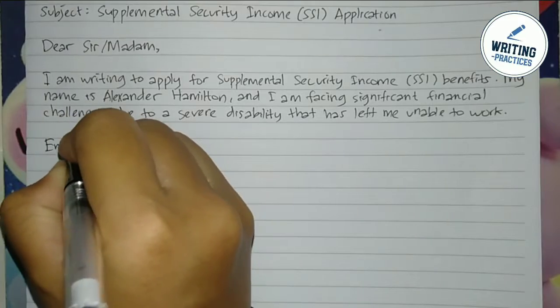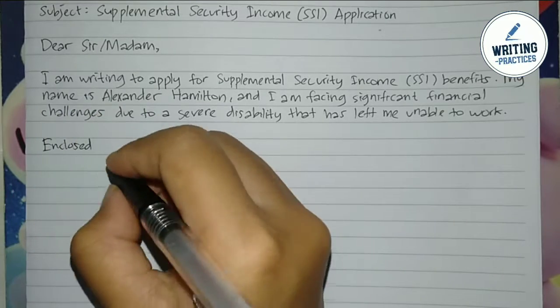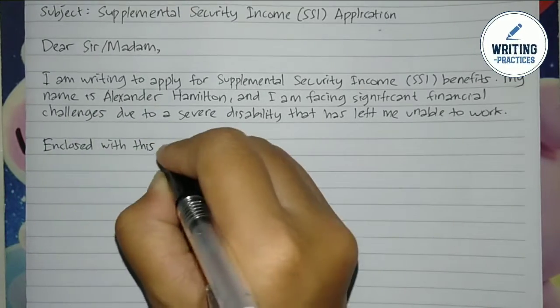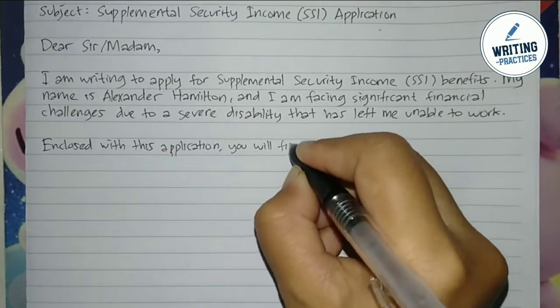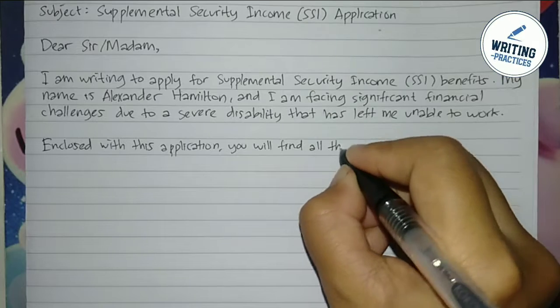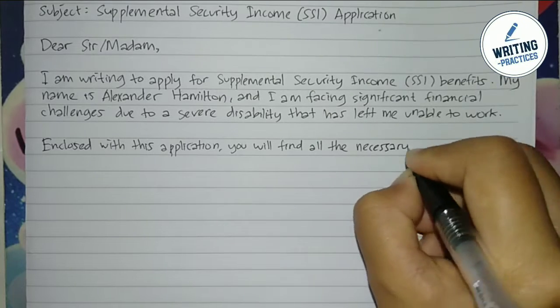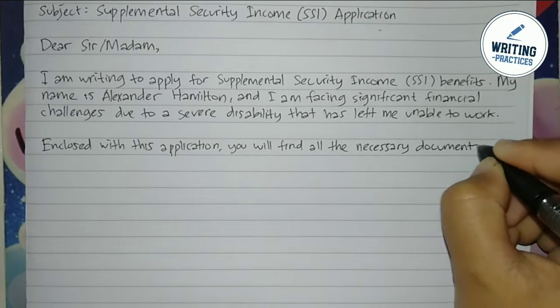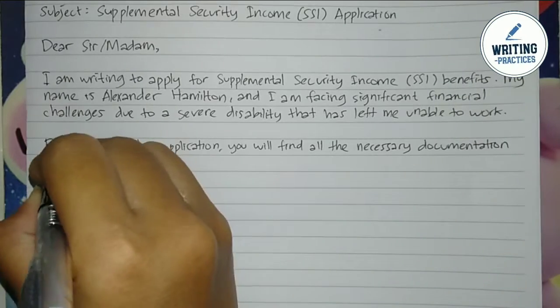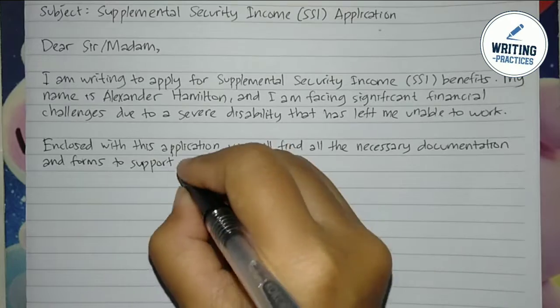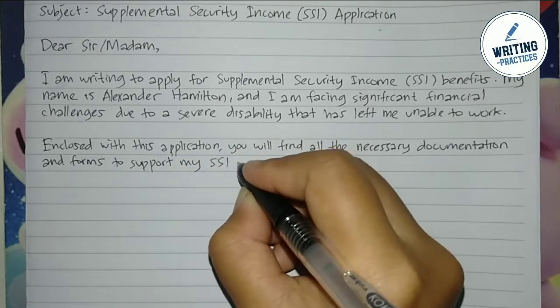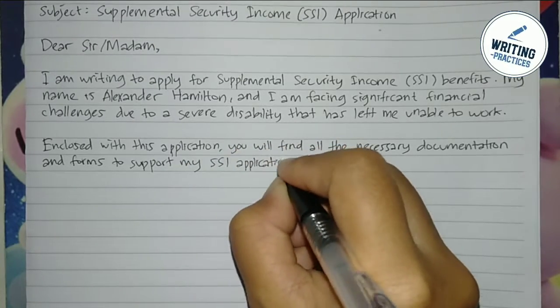In the second paragraph, this is where you give details about enclosed documents. Mention that you've included all necessary documentation to support your SSI application. Of course, you need to list the documents that are enclosed with your application. You may write, enclosed with this application, you will find all the necessary documentation and forms to support my SSI application.